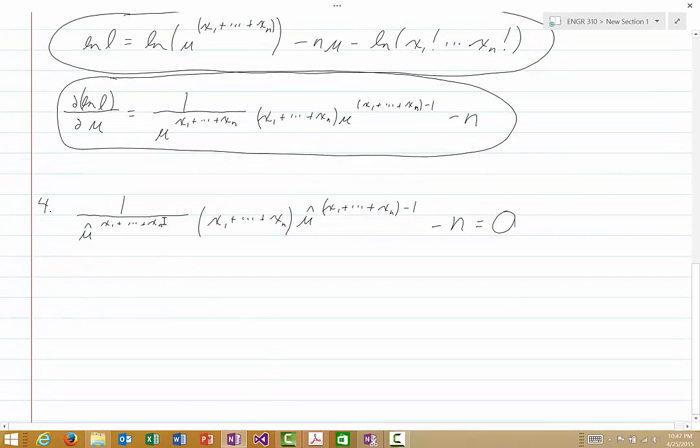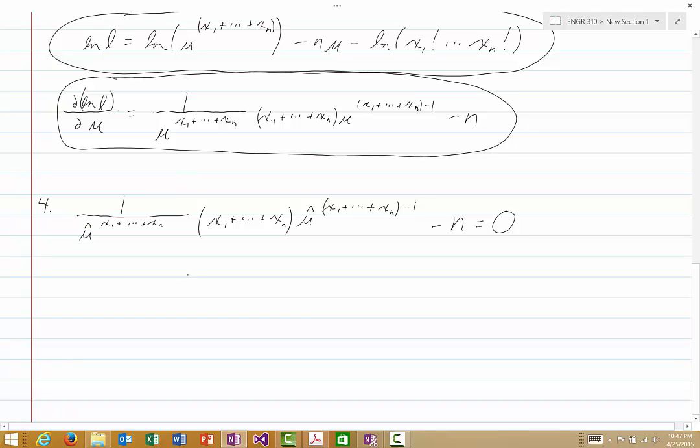Well, look at this for a moment. Here in the numerator we have mu hat to the x1 plus dot dot dot plus xn minus 1, and here in the denominator we have mu hat to the x1 plus dot dot dot plus xn. There's no minus 1 there. So if we have mu hat raised to that power minus 1 divided by mu hat raised to that power, then that's just mu hat raised to the minus 1 power, or 1 over mu hat.